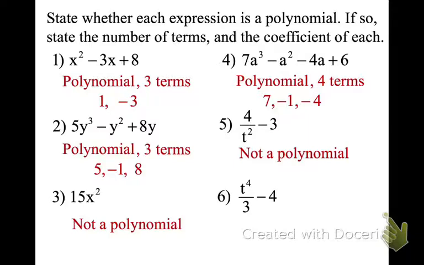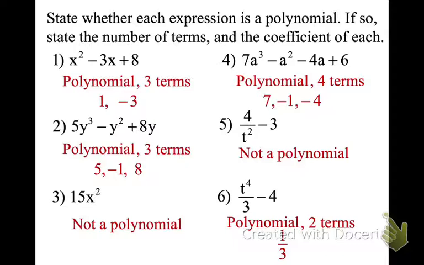However, if t to the 4th is in the numerator, it is a polynomial. So it can be in the numerator, but not in the denominator. And there are 2 terms. And the coefficient here is actually, there's a 1 in front of this. So this would be 1/3. Your coefficient would be 1/3.